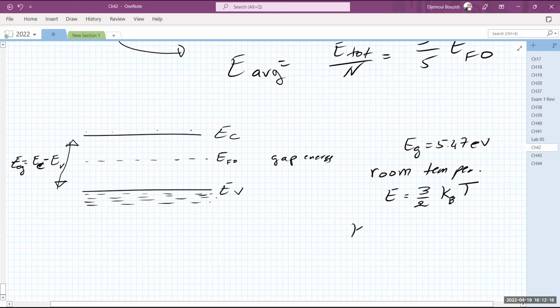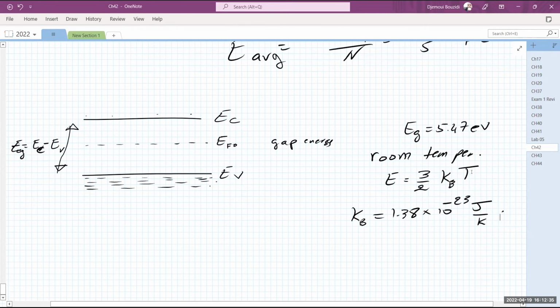While kB in this case is 1.38, this is from chapter 18 and before, times 10 to the negative 23 joules per Kelvin. Again, we really need to work in units of eV.